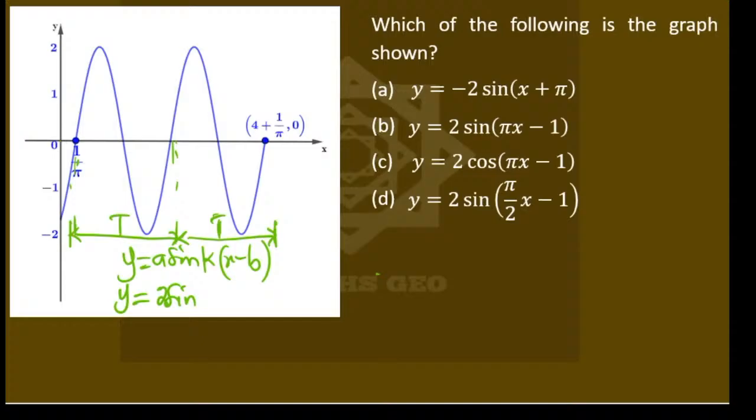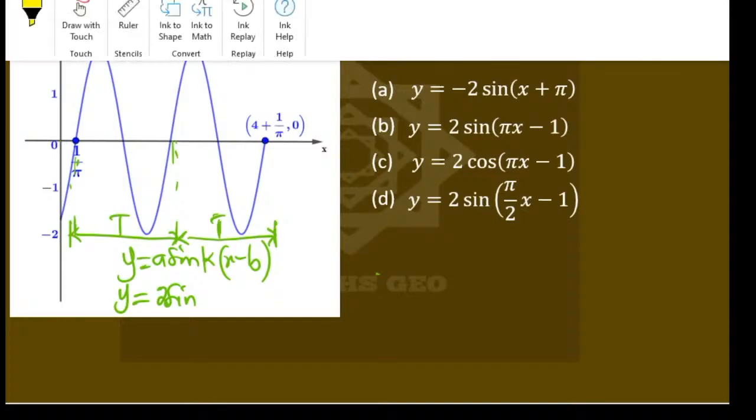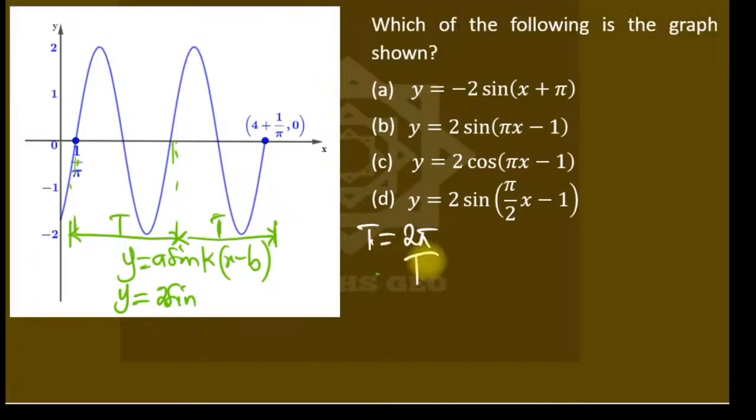We calculate it by using the formula for period. Remember we say that T is 2 pi over k. And we have 2T already. So 2T will be times 2, 4 pi over k.